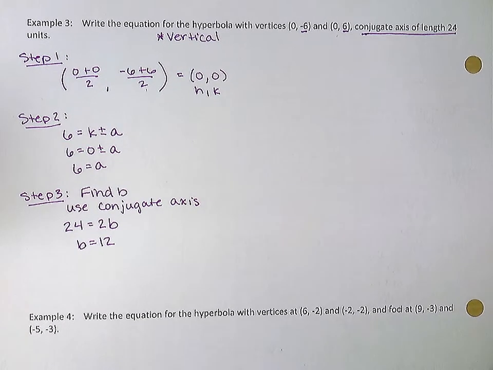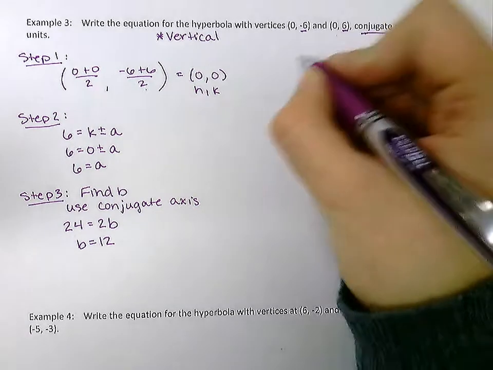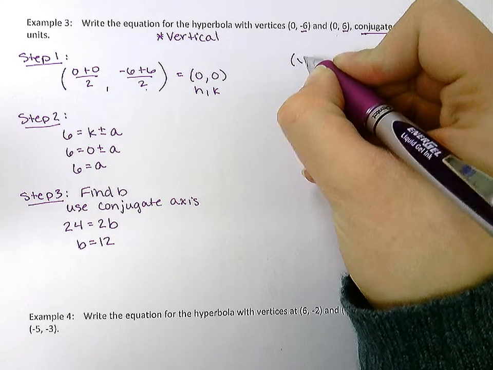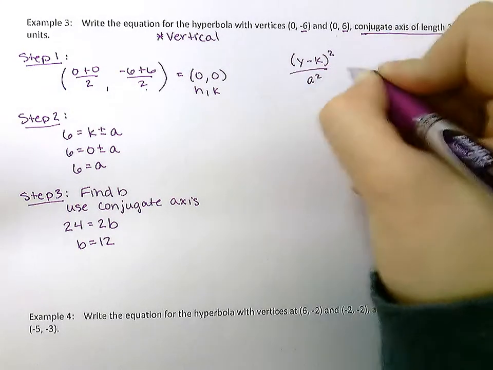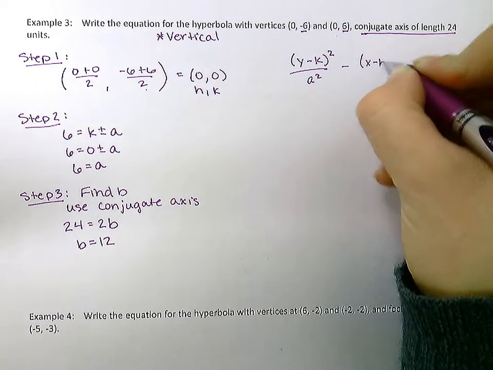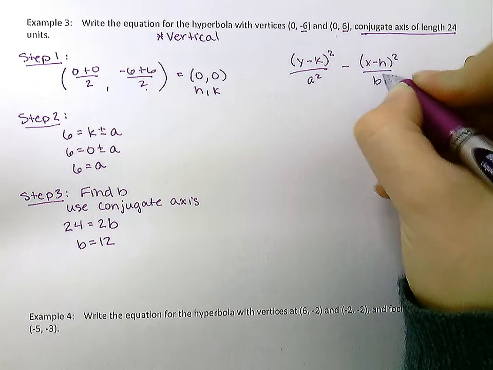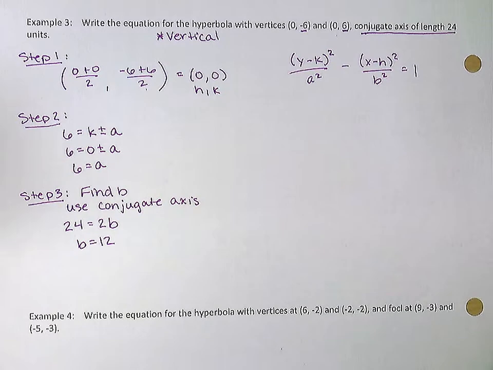Okay, so now again I have h, k, a, and b. So we're just plugging it into our vertical hyperbola form. And again that is y minus k squared over a squared minus x minus h squared over b squared is equal to 1. So we'll just replace those values.